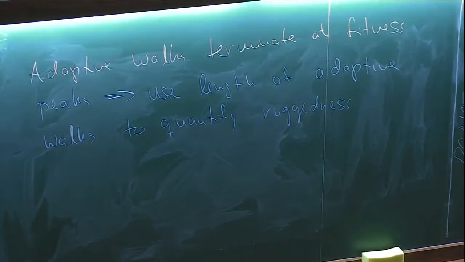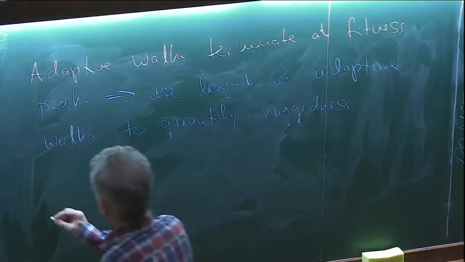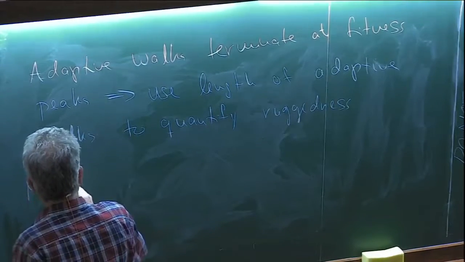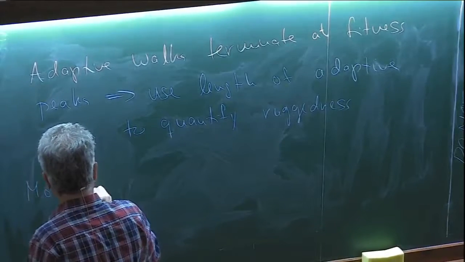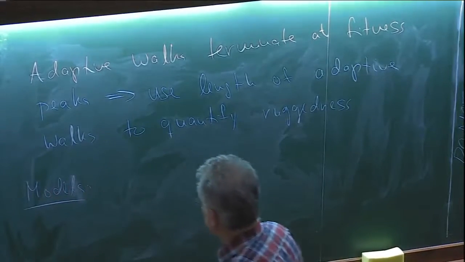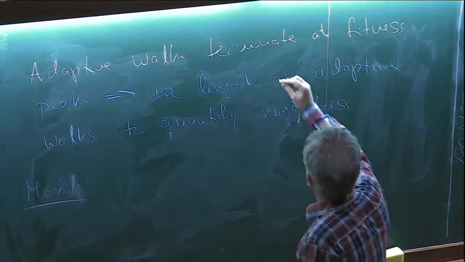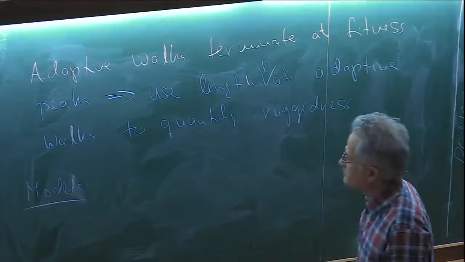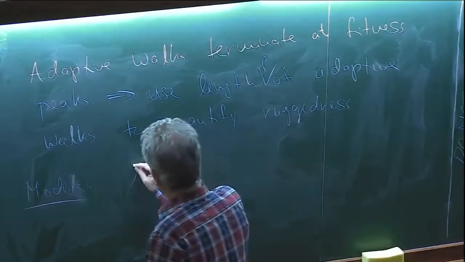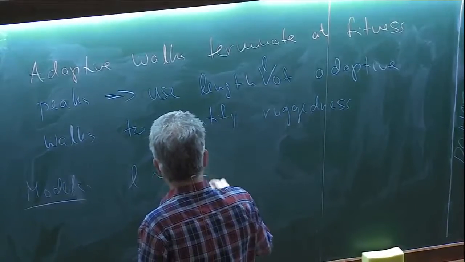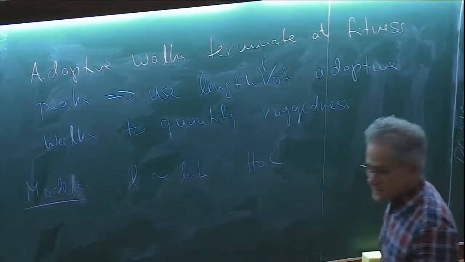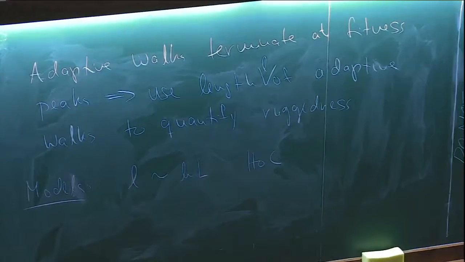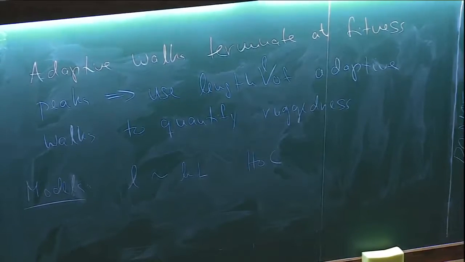So basically, what you find from the models is that the typical length, let me call this L, of an adaptive walk in the House of Cards model is proportional to log L. So they are very short. The maximum distance you could go is L, but you only go log L.